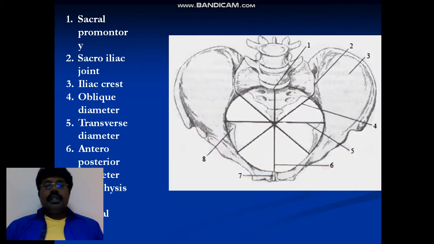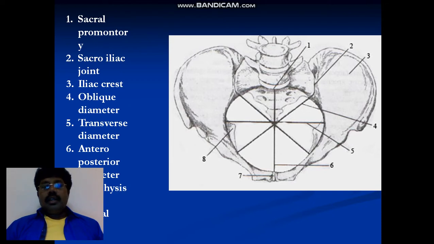This is about the landmarks of the pelvis. Number one, you can see the sacral promontory, in the mid portion of the sacrum. Second is the sacroiliac joint, the joint between the sacrum and the ilium. The third is the iliac crest, the flat bone portion. The fourth is the oblique diameter.